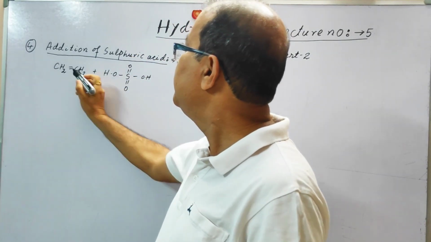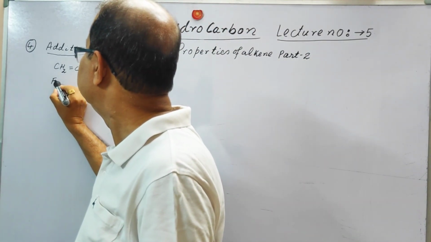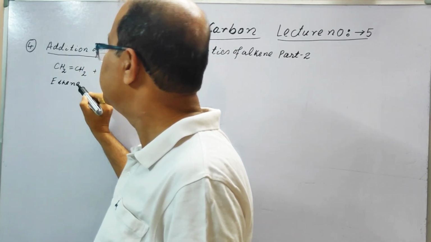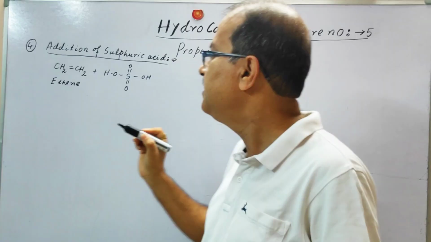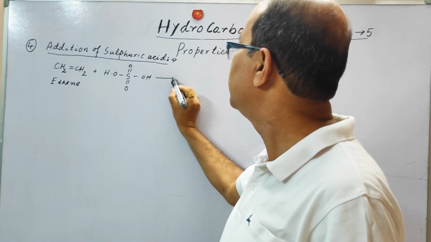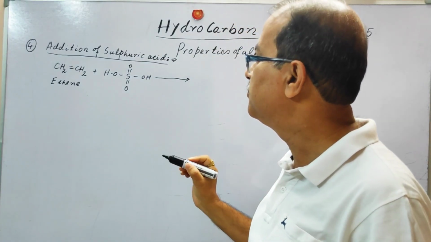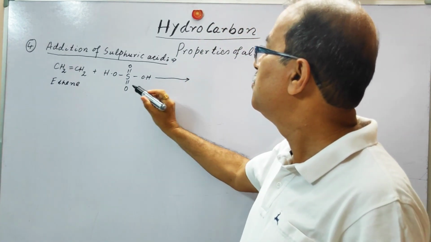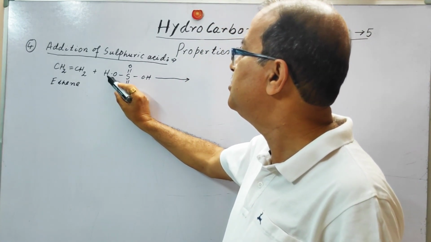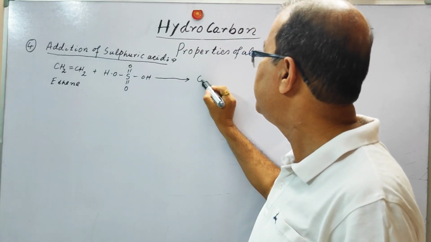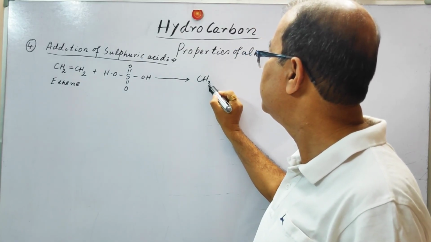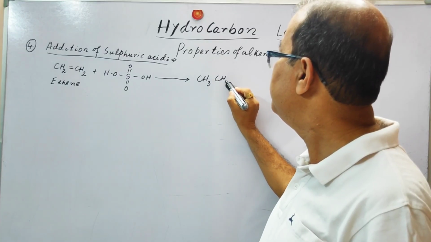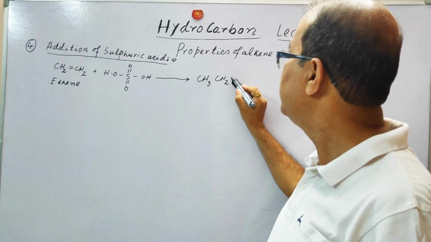So when we are adding this to ethene, which is a symmetrical alkene, there is no problem, we can easily add it to produce this product. Here you can see this H, the electrophile, will add to one of the carbon atoms, and the remaining part will add to the other carbon atom.